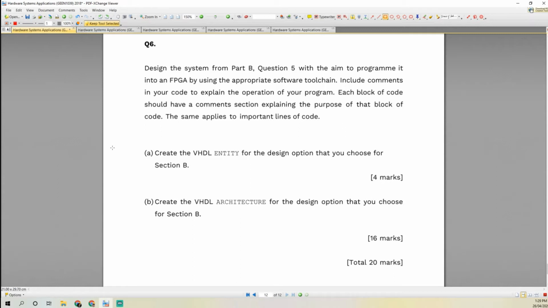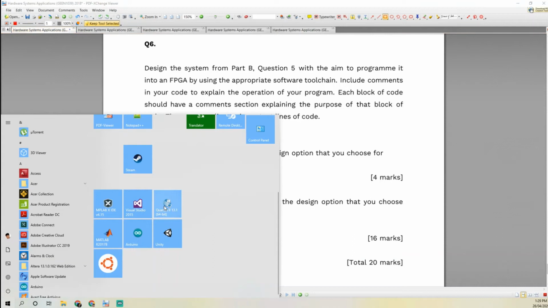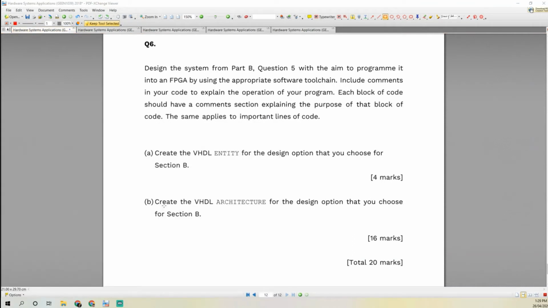However, for the purposes of this video, I will be actually coding this out in Quartus. Okay? So it's important that we know how to write out this code and what exactly we are expected to produce for the exam for this same 20 marks. Okay?